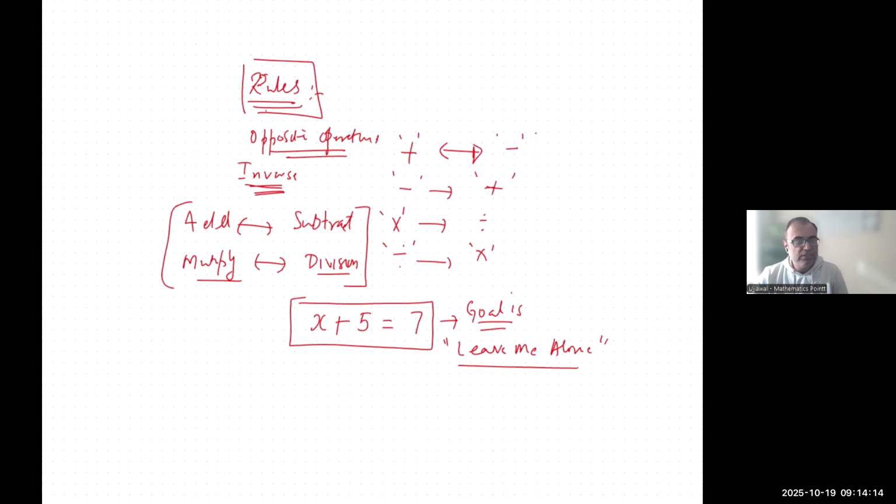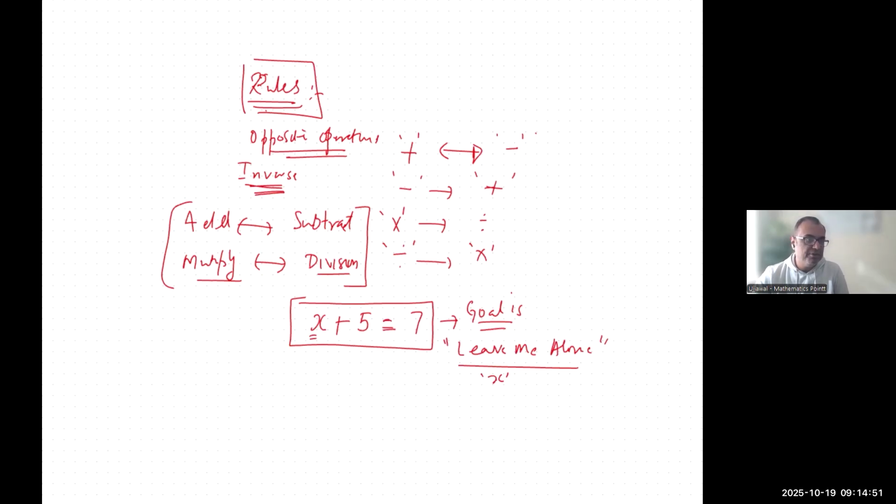The variable x is telling everyone in this equation to leave it alone. That means if somehow we leave this x alone on the left-hand side, or either side primarily, and everything else is taken to the other side of the equal to sign, we solve x.